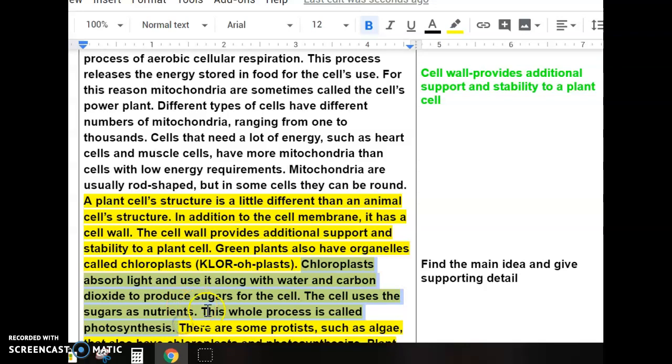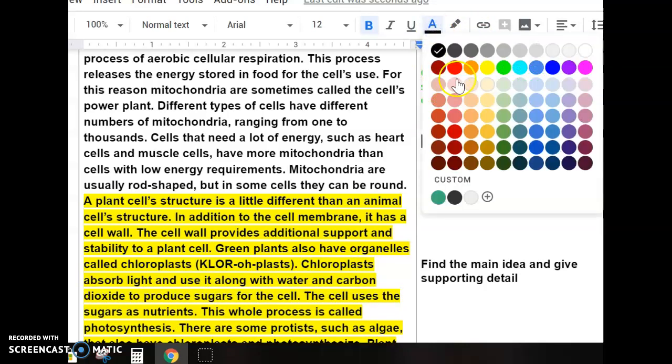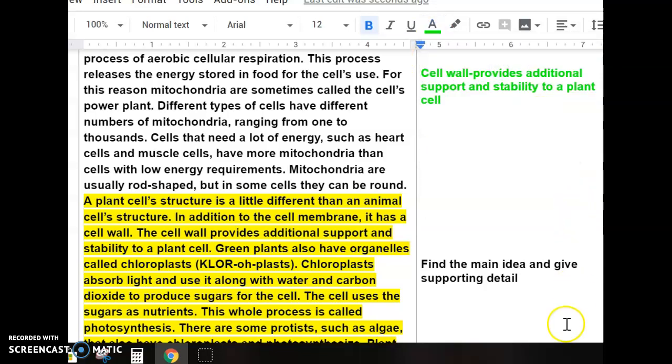Now, there's a lot of really important science words in this section. So again, I'm going to stay with my color green because this part of a cell is specific to plants. Chloroplasts are organelles.